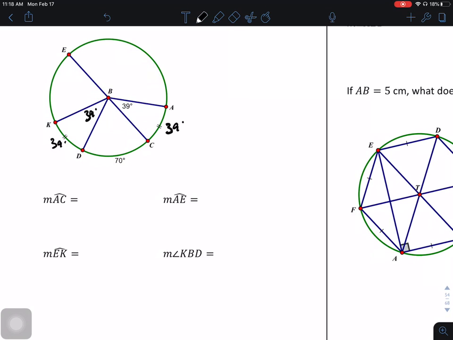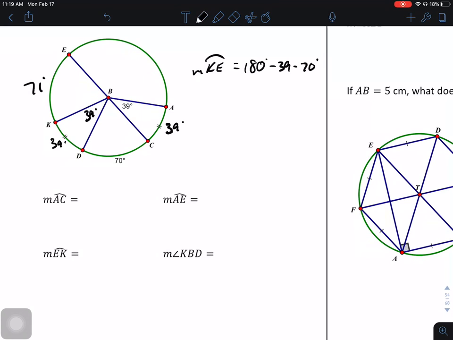So that makes this right here the measure of arc KE. It's going to be 180 minus 39 minus 70, which I believe is 71. Let's see, 71 and 39 will be 110 plus 70 is 180, so that works.